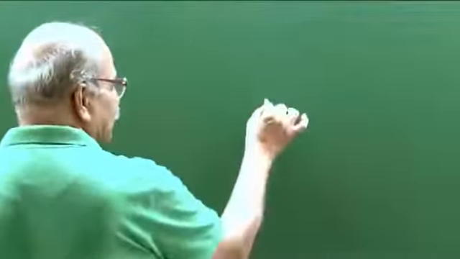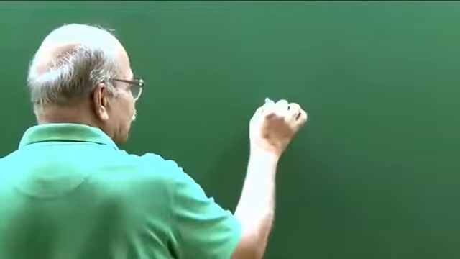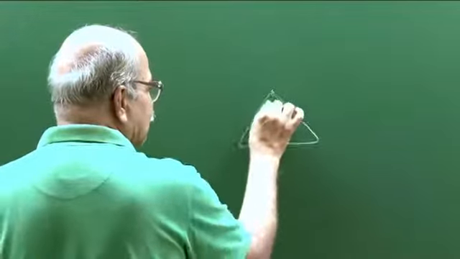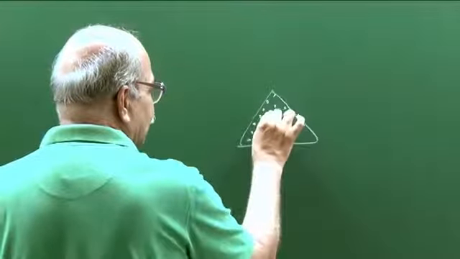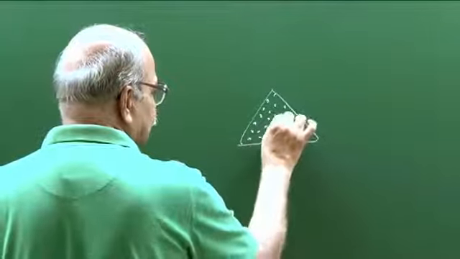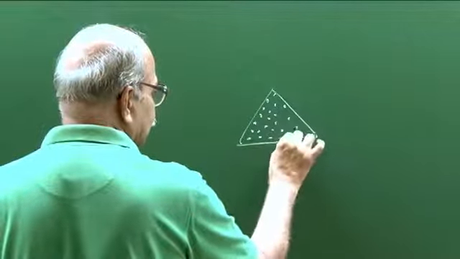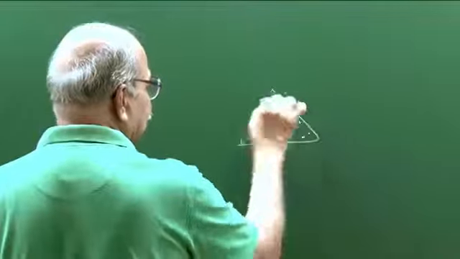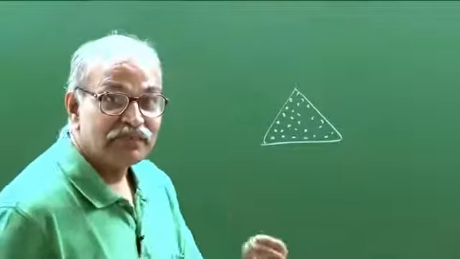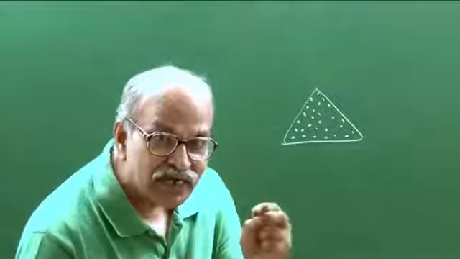Suppose your opening is triangular. So these are the points, you take these as the points. This is all triangular. Each point is making a circular disc, but if the screen is close, those discs are small.